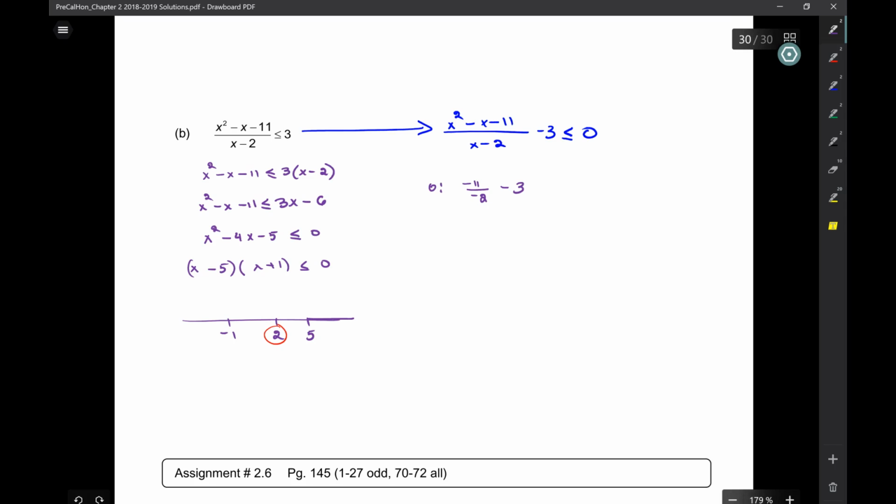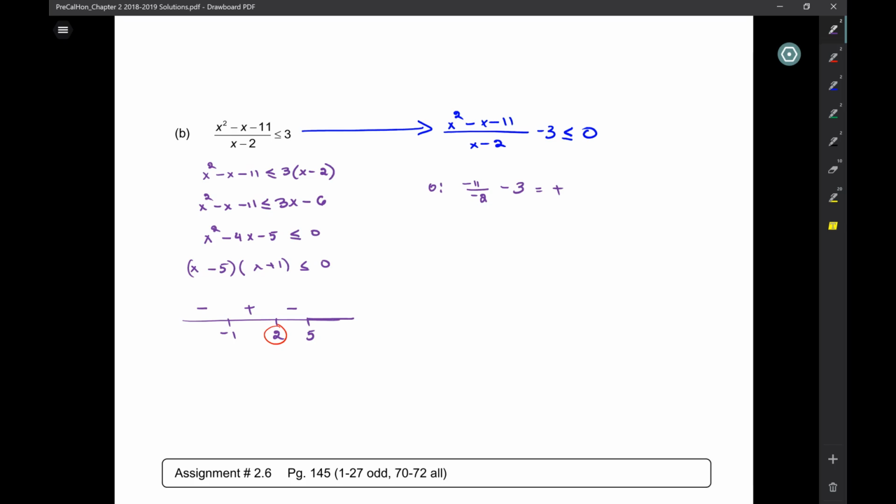So that's a positive number, right? So at 0, it's positive. Now, where do we get the -1? Odd multiplicity changes sign. Where did we get the 2? Odd multiplicity changes sign.